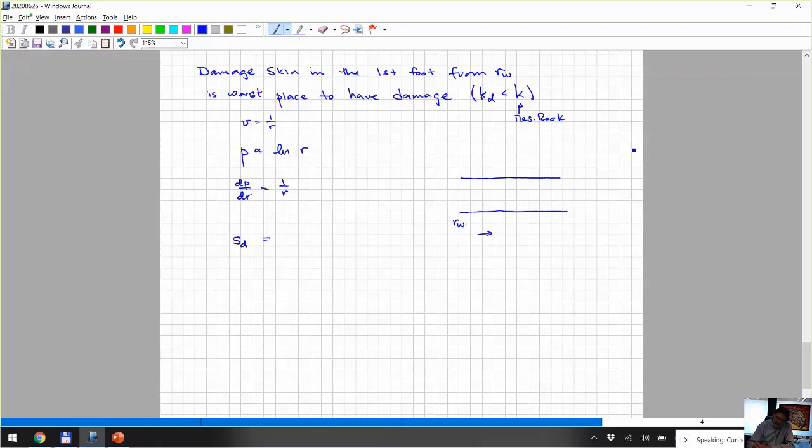And if you damage this permeability out to a certain distance RD, you've got a lower permeability and then it becomes constant out here. Then the equation for the skin is, if I remember right, K over KD minus 1 times natural log RD over RW. I think that's the equation.